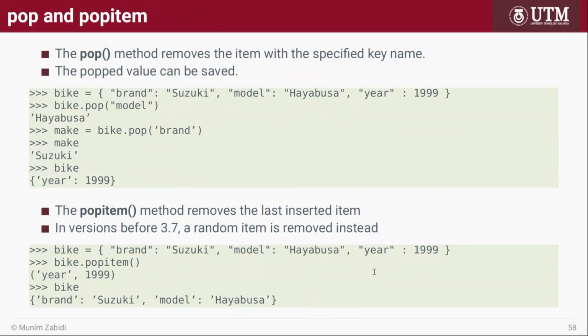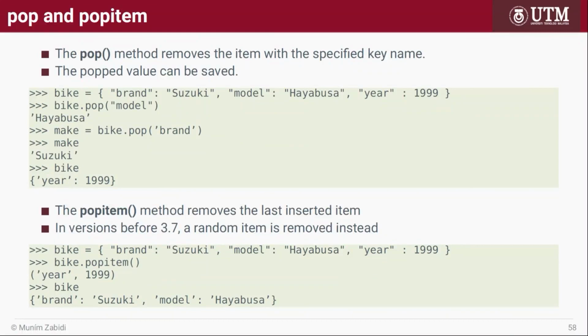And then we can have pop, so that you can pop whatever value that you have, and whenever you pop, we will no longer have the item or the key value pair inside the dictionary. So the pop method lets you specify which key, but popitem just removes the last inserted item.